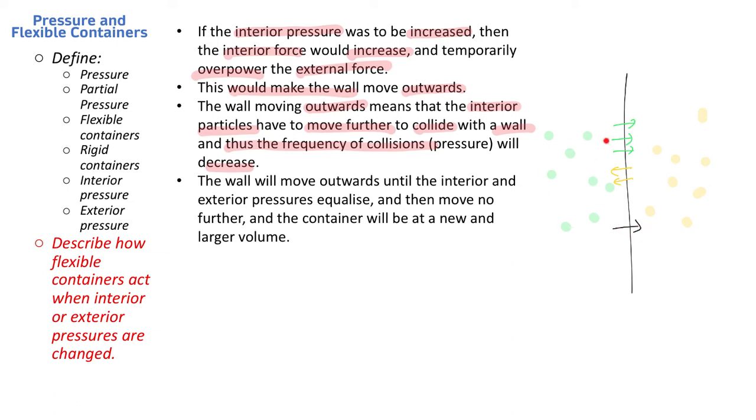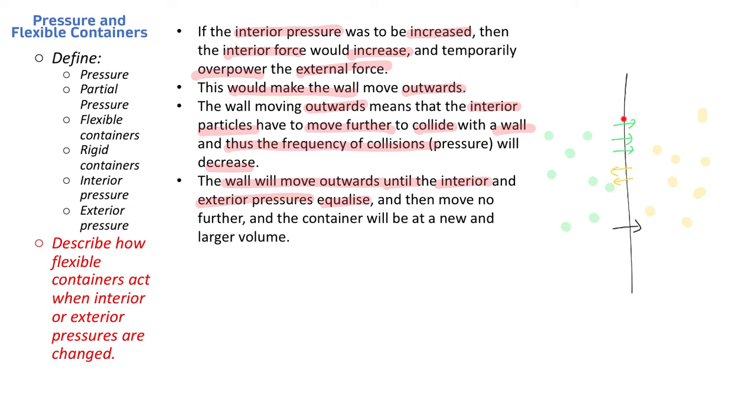Since the green particles have to move further, they're going to hit the wall less often, and therefore the pressure and the frequency of collisions will decrease. This wall will continue to move outwards because there's a net overall force outwards until the interior pressure and exterior pressure equalize.